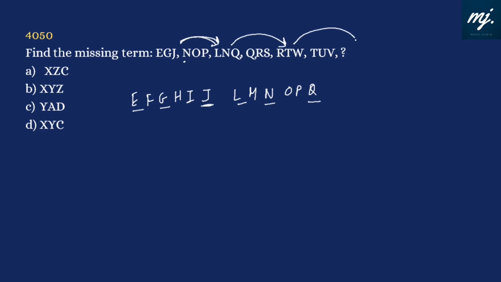That means the missing one should follow the same pattern. So O, P, Q, then R, S, T, U, V, W, X, Y, Z, and then A, B, it should be C. The next term should be X, Z, C, and that is in option A.